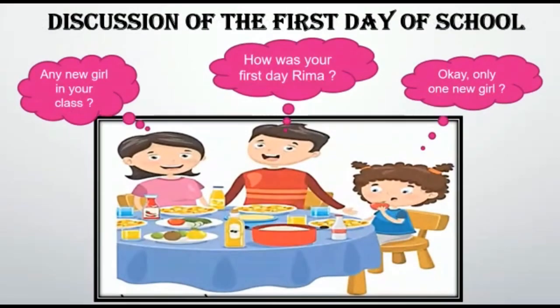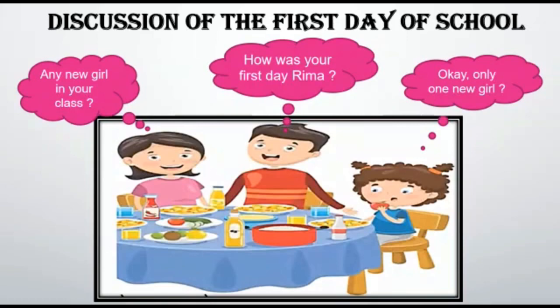The scene starts when the family is sitting near the dining table. Mother asks her daughter, Rima, about her first day at school. She simply shrugged her shoulders and tried to bully a new girl, Malti, who is new in her class.